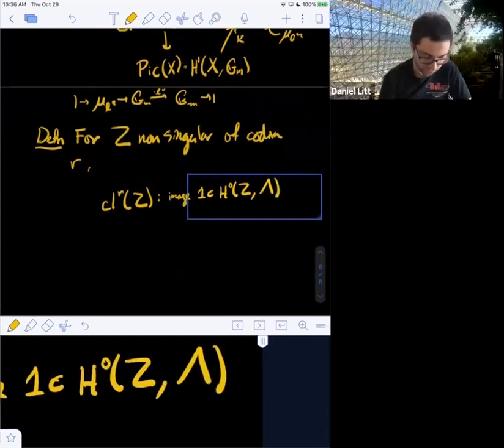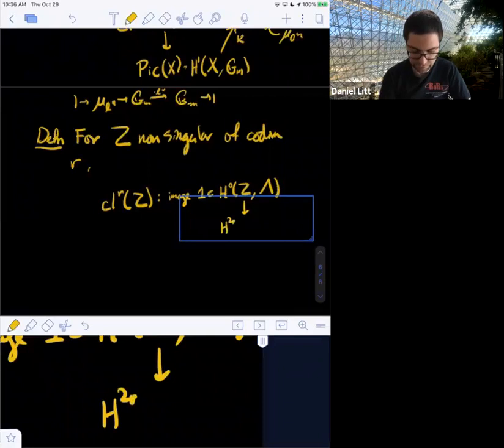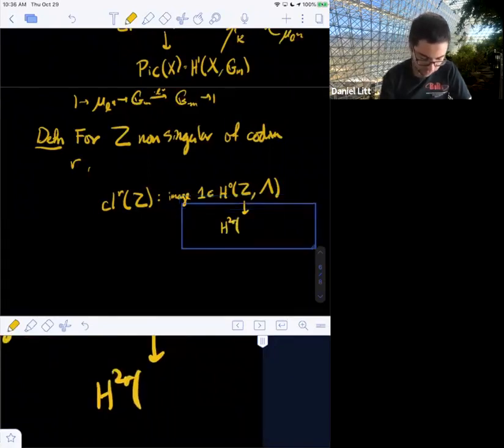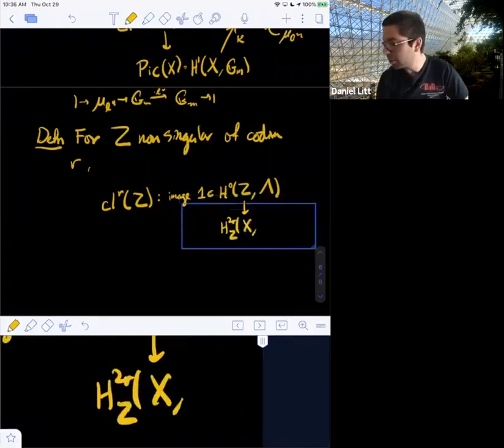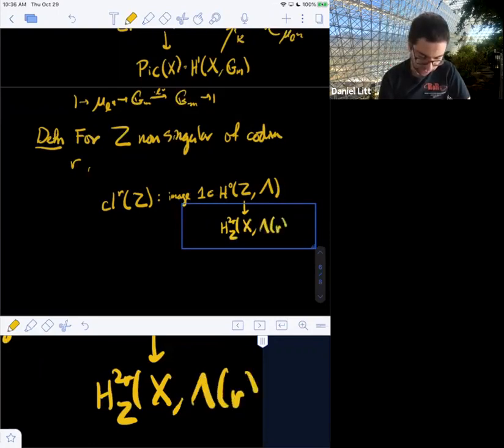So this maps to H2R of X supported in Z with coefficients in lambda of R.